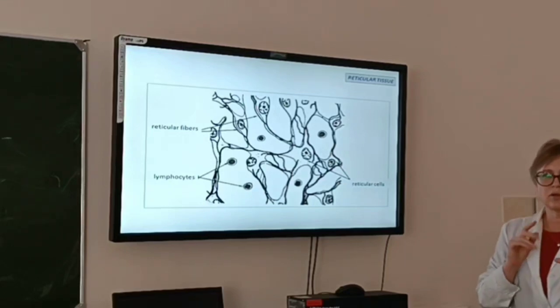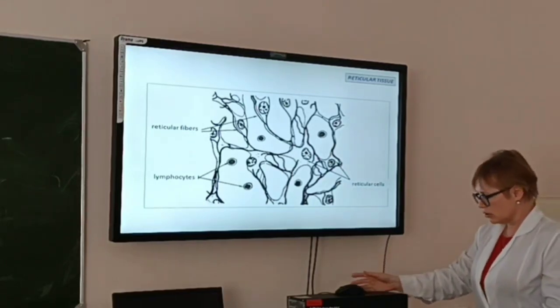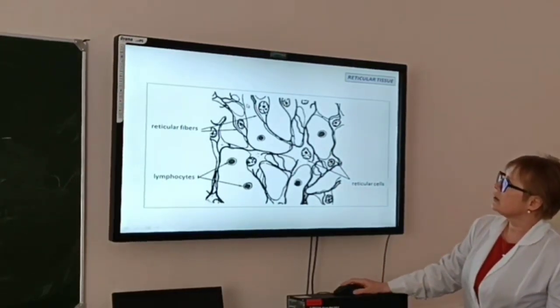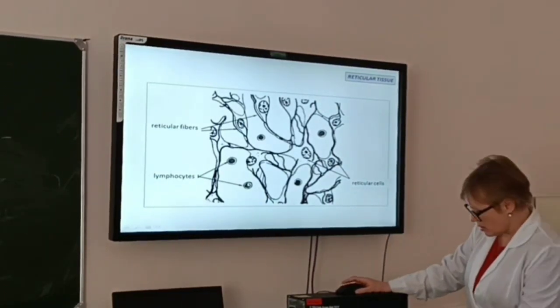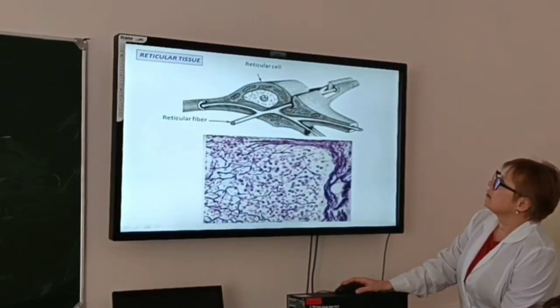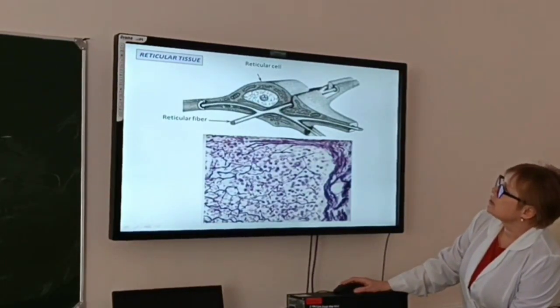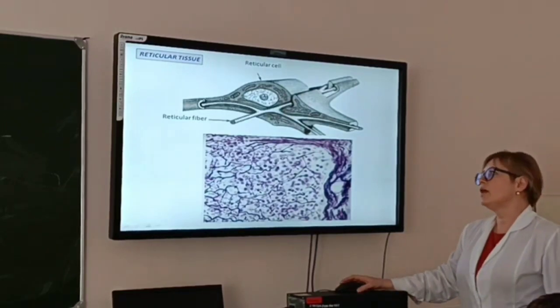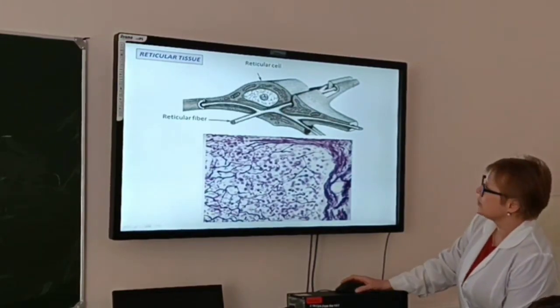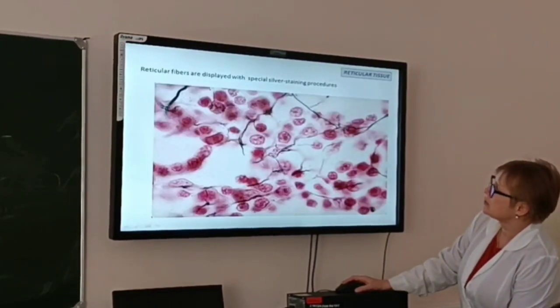In the thymus there will be epithelial reticular tissue. And between reticular cells we can see lymphocytes. This is a reticular cell, reticular fibers. These photos demonstrate reticular fibers with a specific dye. Again, that's silver staining.